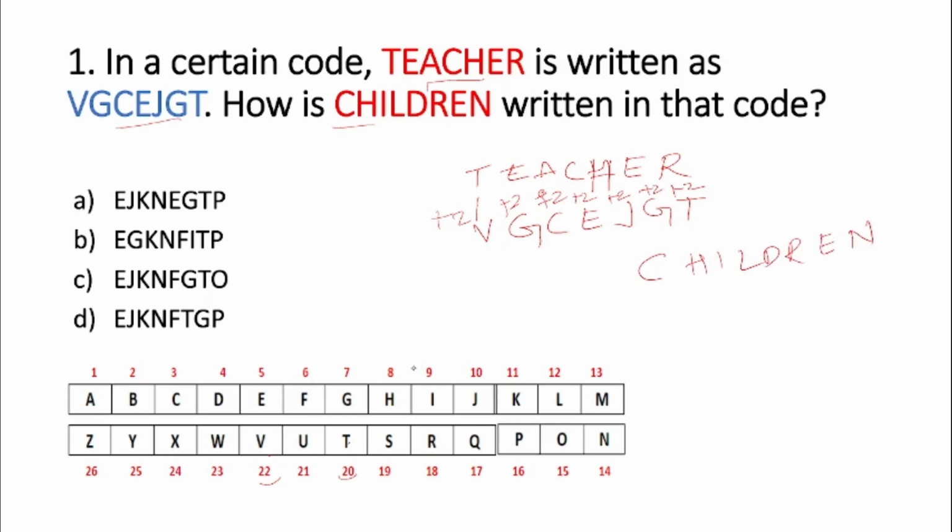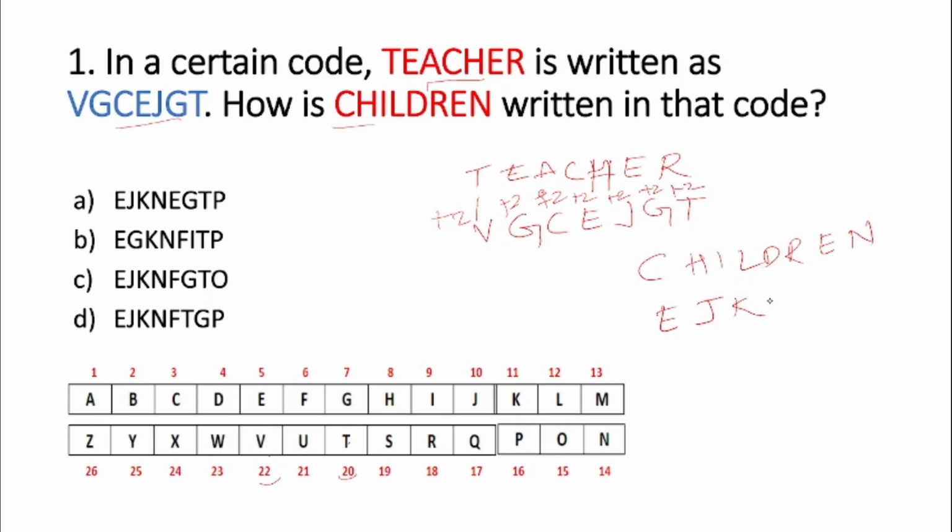every letter needs to be moved two positions ahead. So C becomes E, H becomes J, I becomes K. It matches with most of the options, so we have to continue.